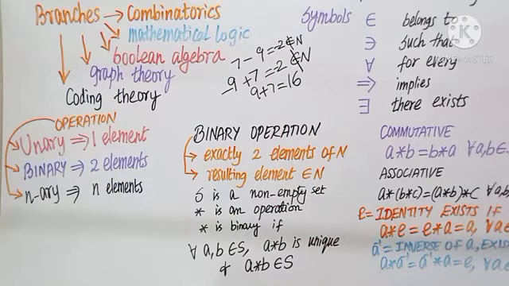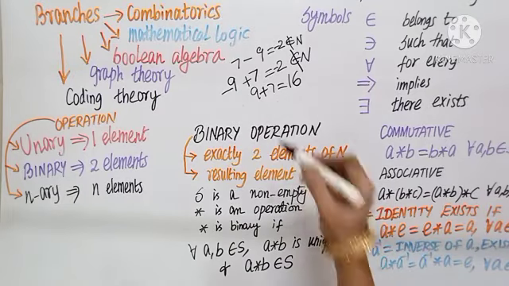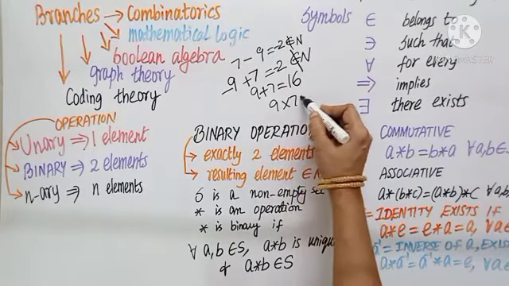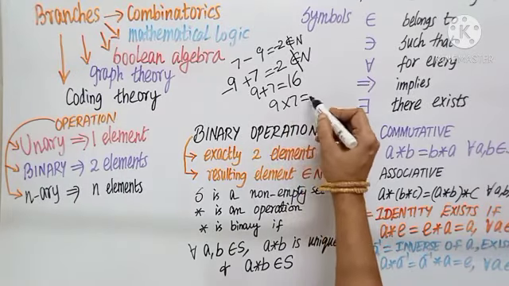Like this, you can check whether a given operation is binary or not. Suppose I take multiplication, 9 into 7. My answer is also a natural number. So addition is a binary operation in N. Multiplication is binary in N. But subtraction is not binary.